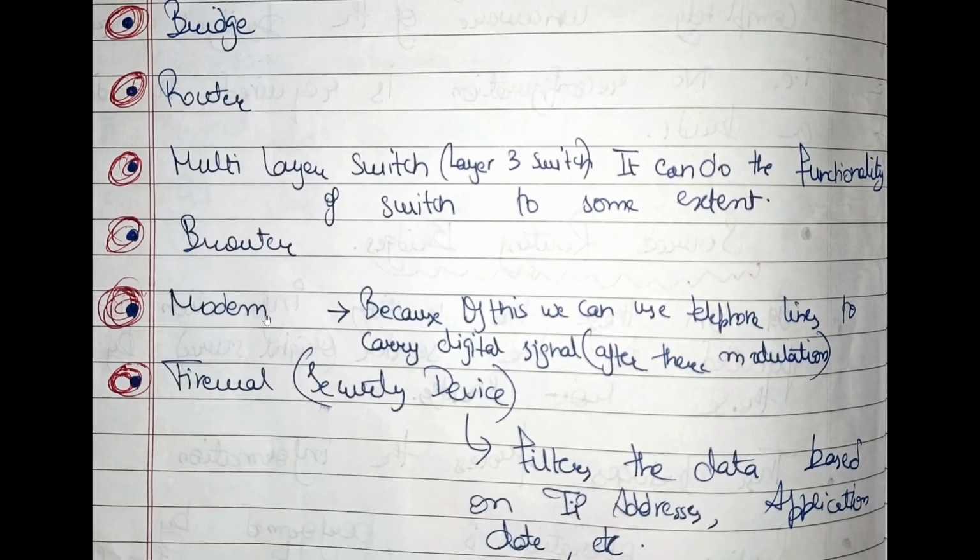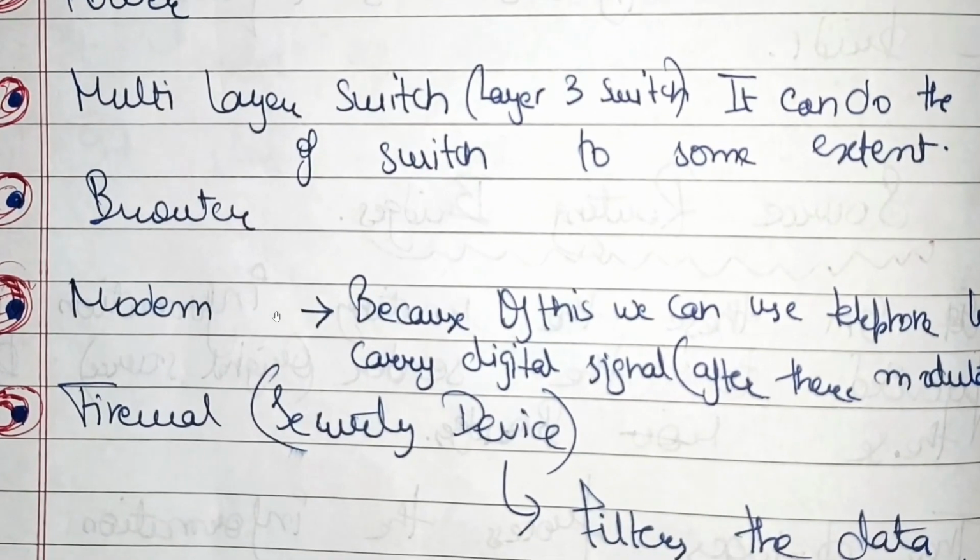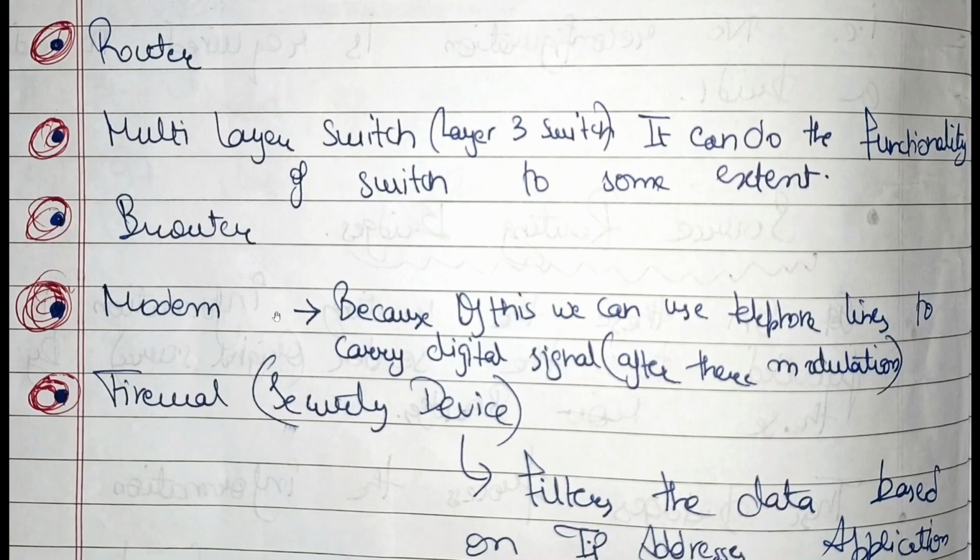Now there is a device known as a modem. What does this modem do? Look, the traditional telephone lines, which are only meant to transfer audio signals, cannot transfer digital signals.